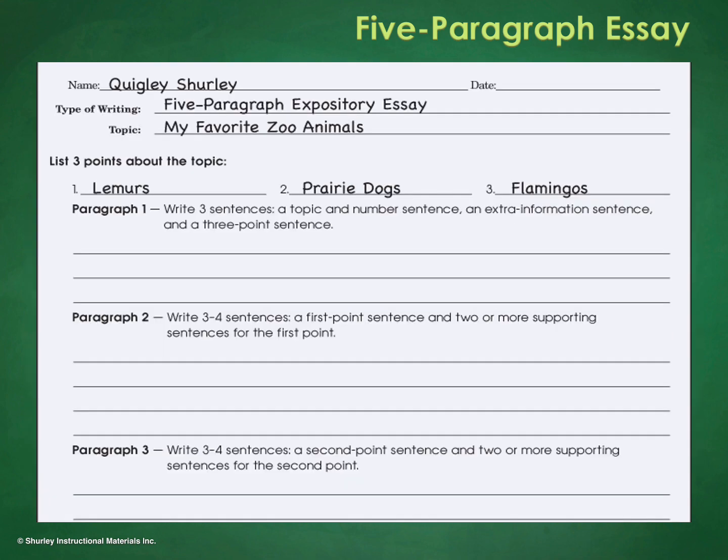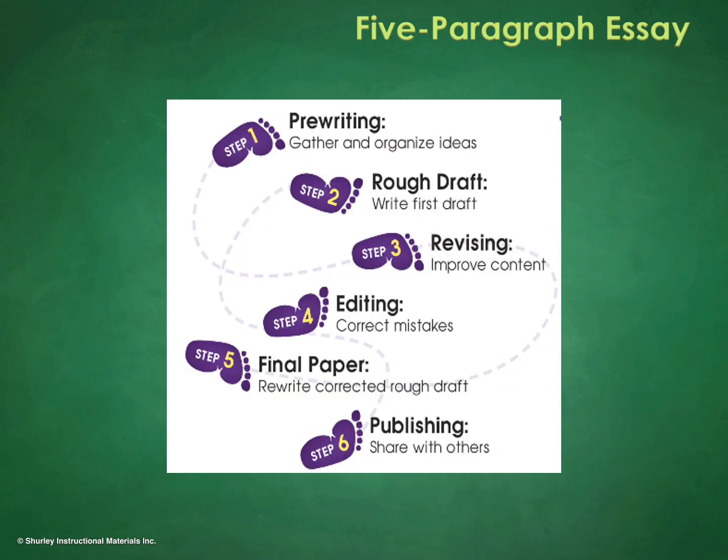Students will simply follow the organizational structure of the sentence outline as they transfer their information from the pre-writing map to their rough draft. As students develop their 5-paragraph essay, they will follow the 6 steps in the writing process as usual. Students will pre-write, write the rough draft, revise, edit, write a final paper, and publish their writing.